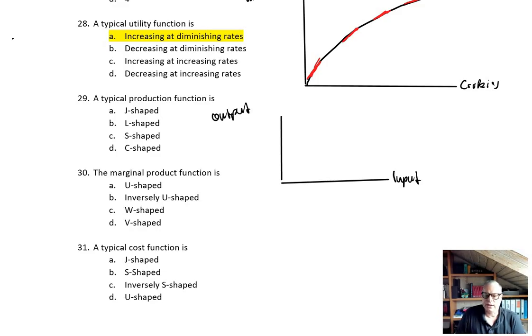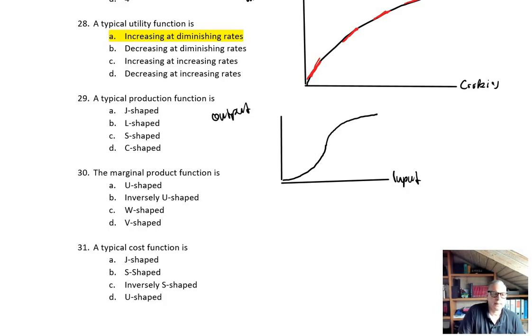And then we said initially, if you have more and more input factors, people get super productive, so the output grows faster than the input. But then eventually you exhaust the specialization gains and output increases at diminishing returns.